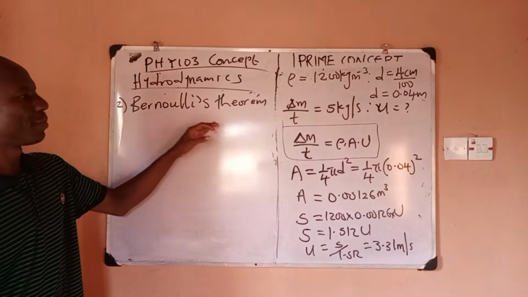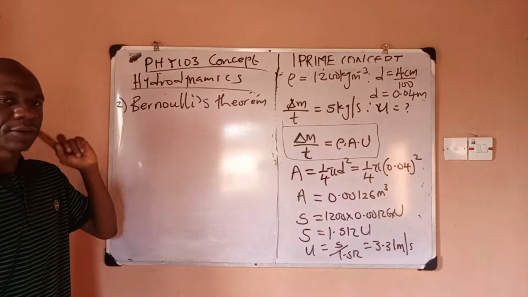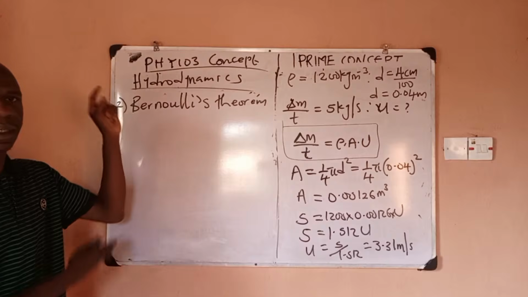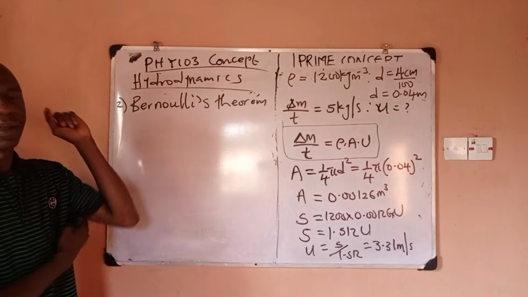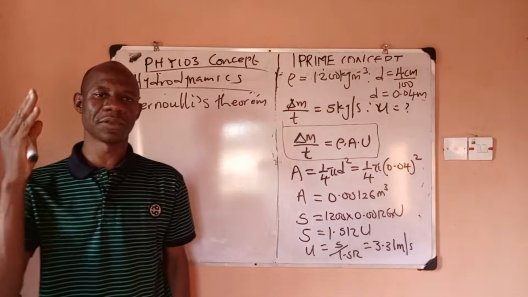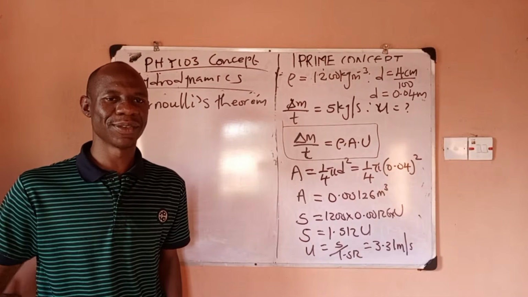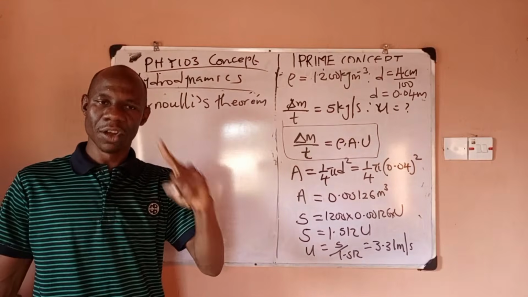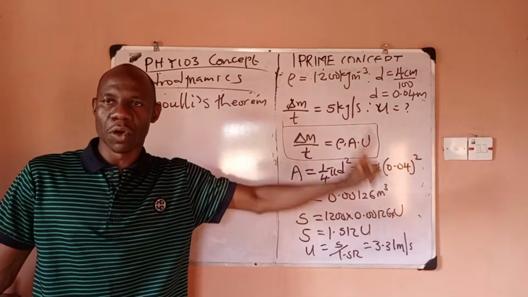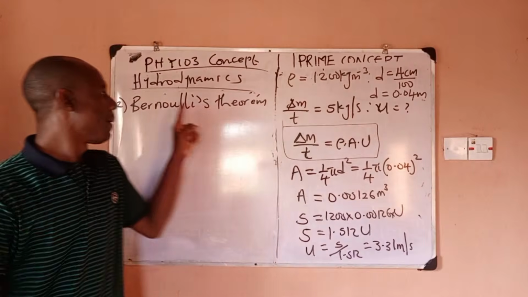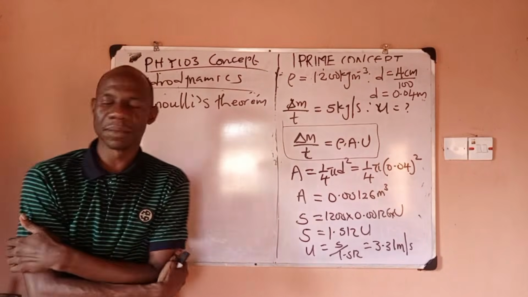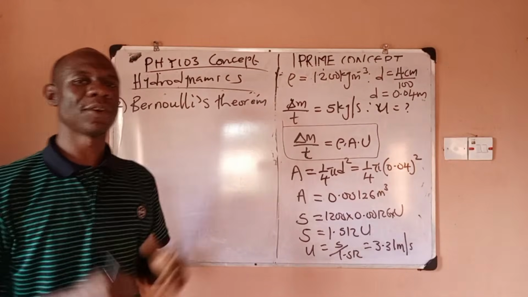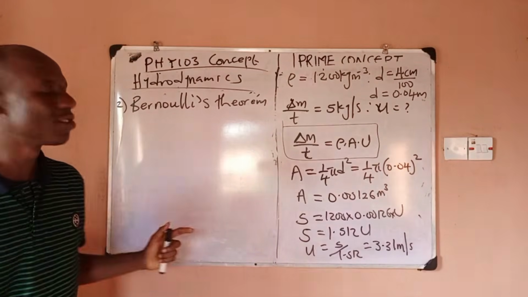So we want to look at Bernoulli's theorem. Now, first, I want you to know that Bernoulli's theorem is derived from the law of conservation of energy. Exam would ask you. Continuity equation is derived from where? The law of conservation of mass or matter. Why Bernoulli's theorem is derived from the law of conservation of what? Energy. Don't forget, we can derive this, but it's not necessary.